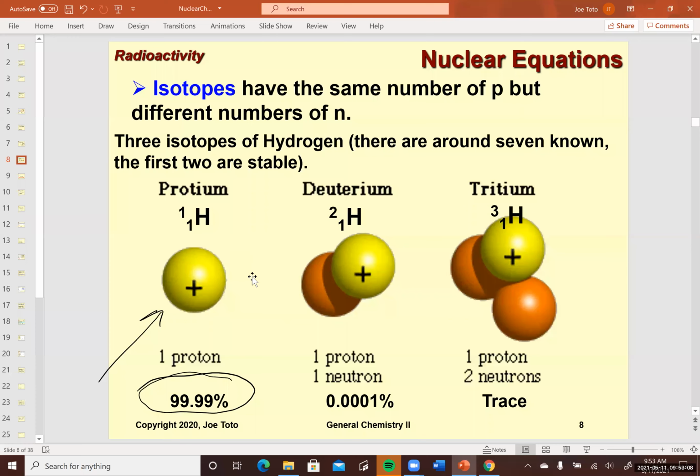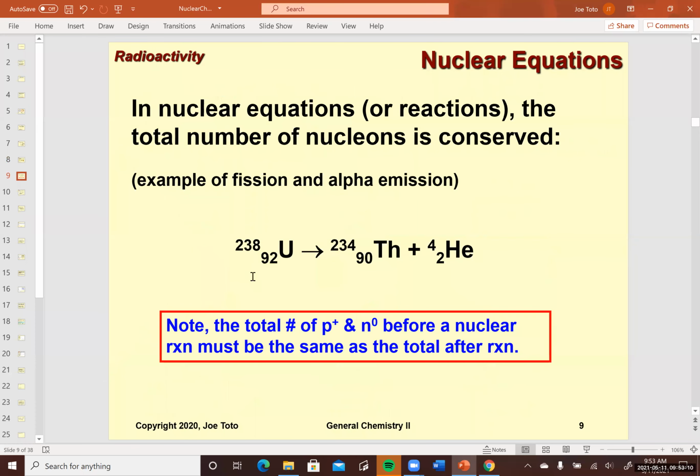All right. Now you're going to have to look at nuclear reactions. We always have this chemistry formalism where something on the left of the arrow reacts to form something on the right of the arrow.